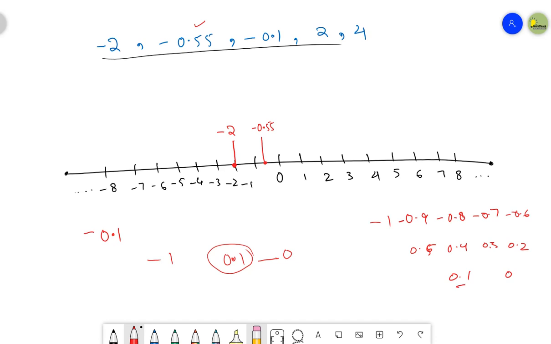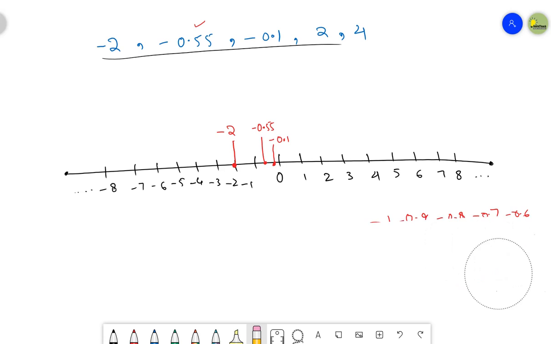So it means this value is somewhere very close to 0, right? So what we need to do is plot this value very close to 0, somewhere over here, right? So I can plot it just over here where I have marked the line and plot the number like this, minus 0.1.